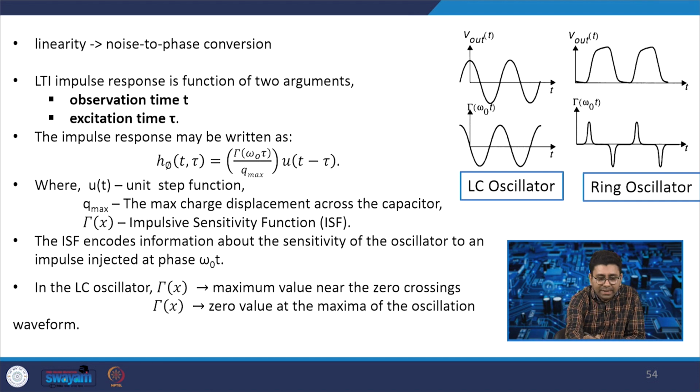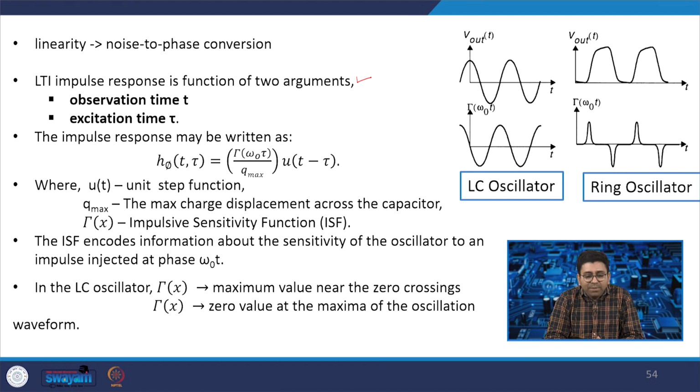So, here the LTI impulse response is a function of two arguments, that is the observation time t and the time at which excitation is occurring, which is tau.